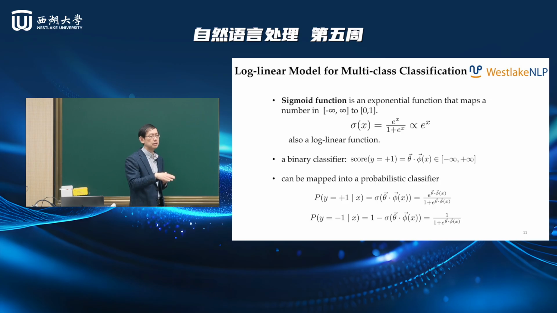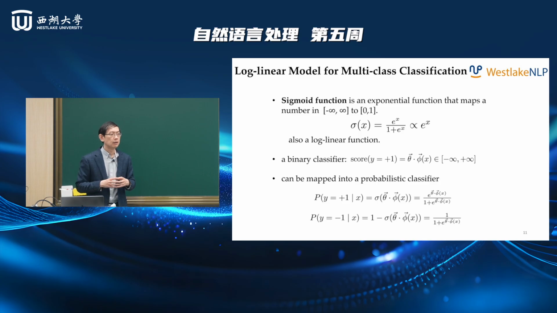When the original x is above 0, sigmoid x is above 0.5, and vice versa. So when we turn the score from minus infinity to infinity into a sigmoid version, the range is 0 to 1, and the division point is 0.5. When sigmoid x is more than 0.5, it's a positive class. Otherwise, it's a negative class.